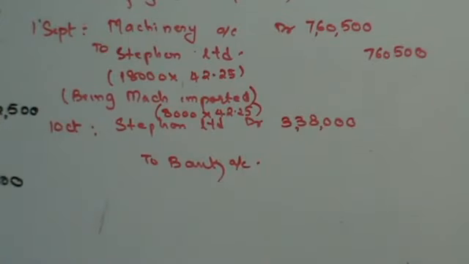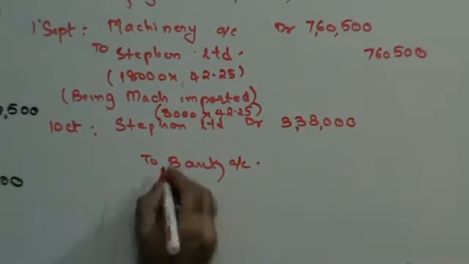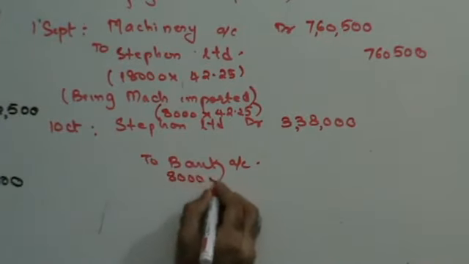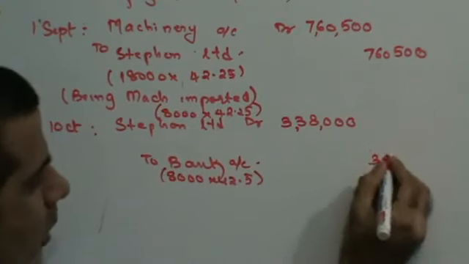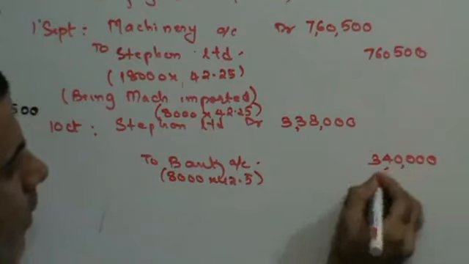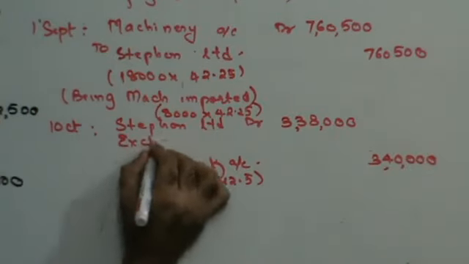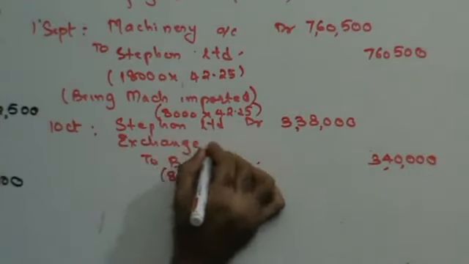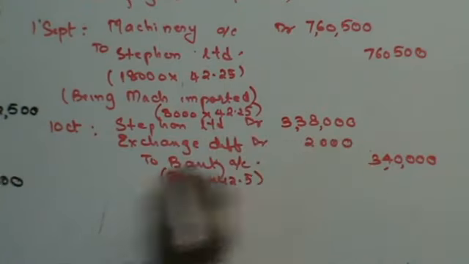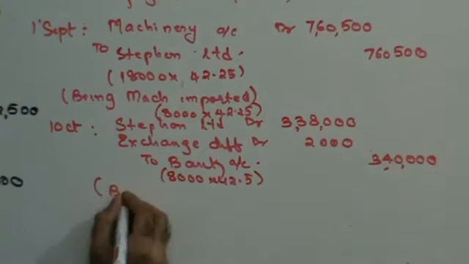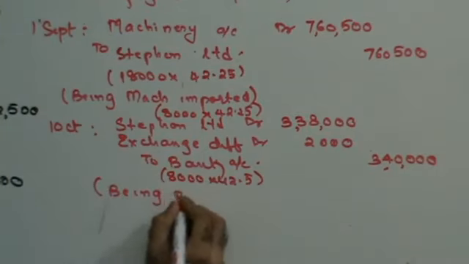And on the date of payment on 1st October, the dollar rate was 42.5. So 8,000 into 42.5, 3,40,000. So you will have exchange difference account debit 2,000, being payment made.